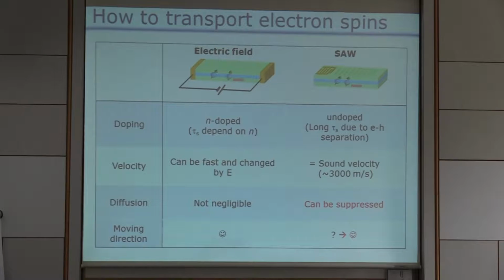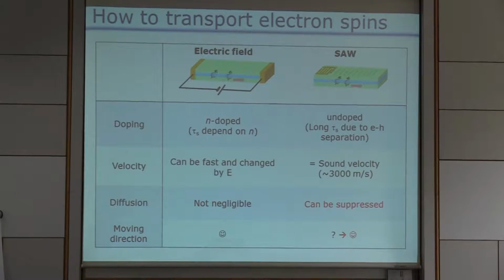Because of this, the electron spin packets are transported from one position to another position. Because of this diffusion, the efficiency of the transport is not very high. But by using acoustic wave, we can suppress this effect if we use the dynamic dot spin transport.